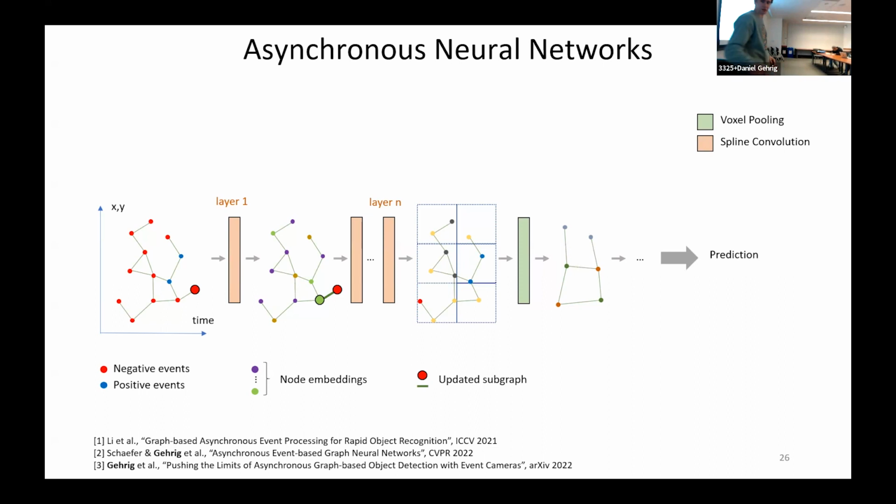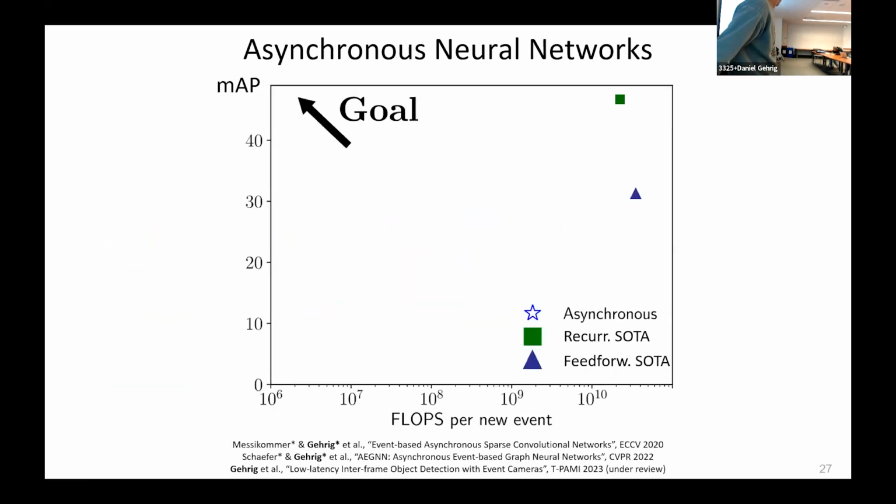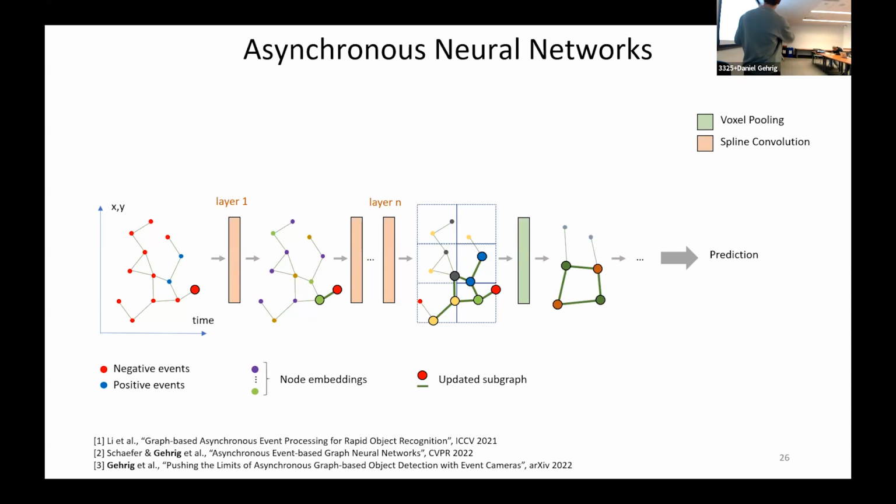After n layers, we have to update the n-hop neighborhood of this graph here. And essentially, we don't touch any of these nodes here. We only update these ones. And after a pooling operation, we have basically this. You can see that we're only reprocessing a subset of the nodes.